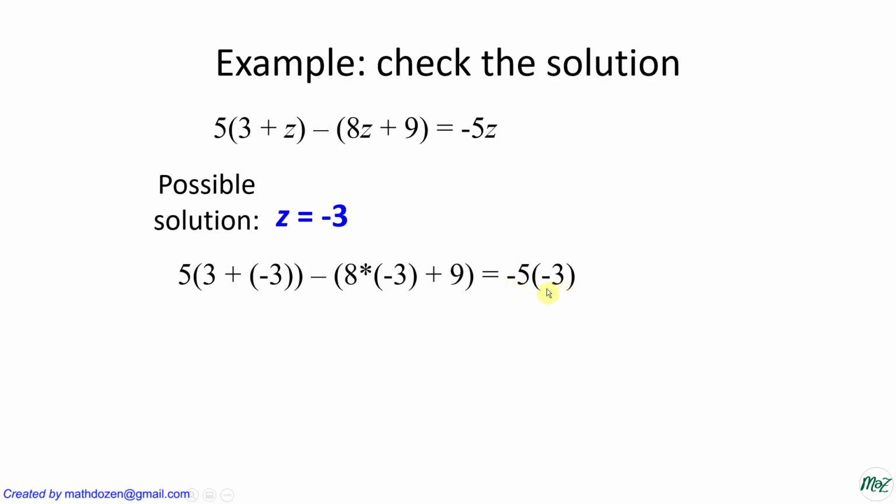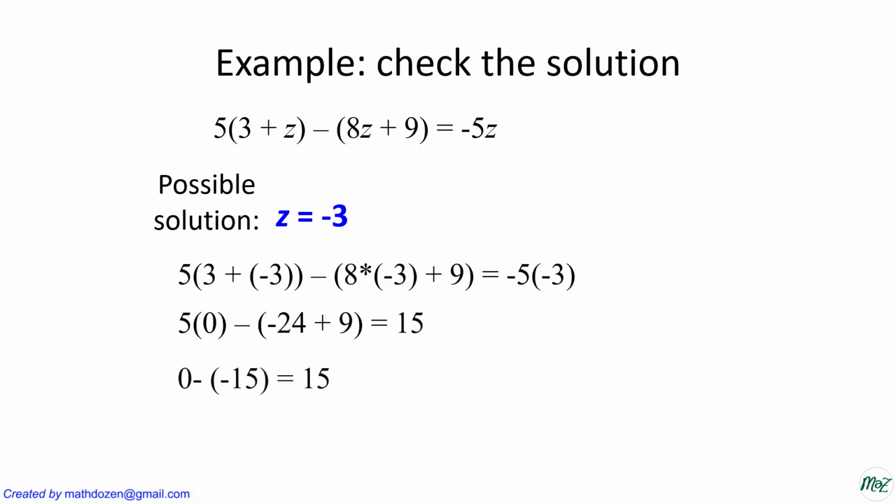We're going to simplify both sides using the order of operations, which means we do parentheses first, and then multiplication and division, and addition and subtraction. In parentheses, for the first part we have 5 times 0, for the second negative 24 and 9, and then negative 5 times negative 3 is 15.